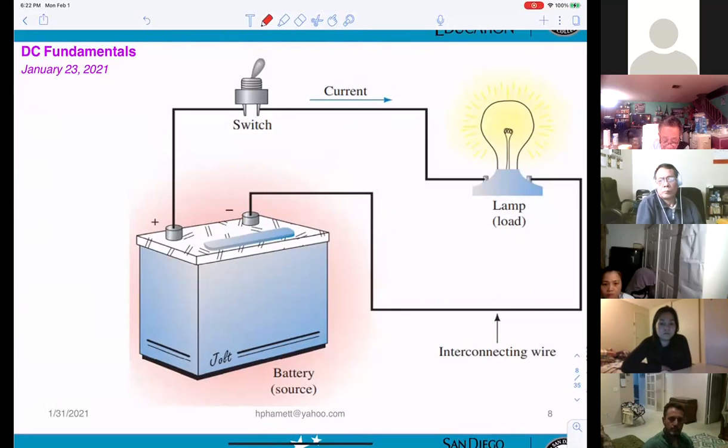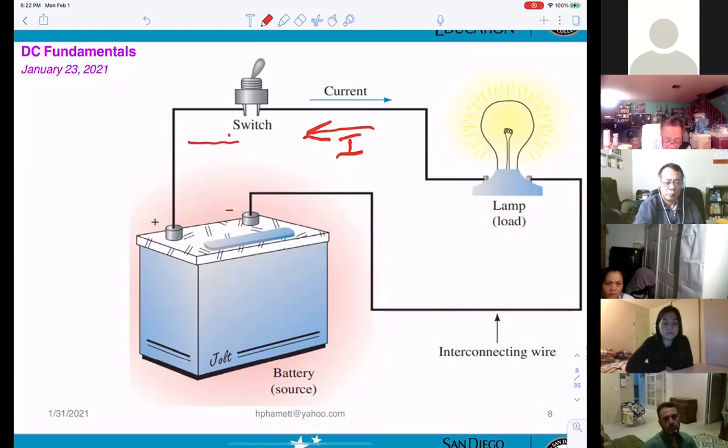Sometimes when you read the textbook, they draw the current this way. That means they draw electron current. They're telling you the electron is moving from negative to the positive. However, we're using conventional current. That means the current must all the time be positive to negative.